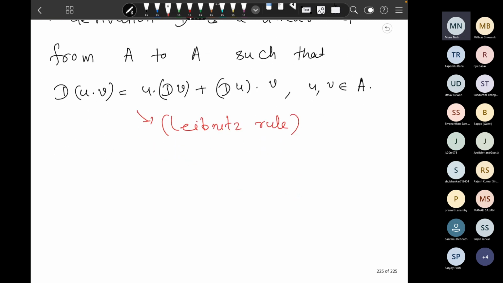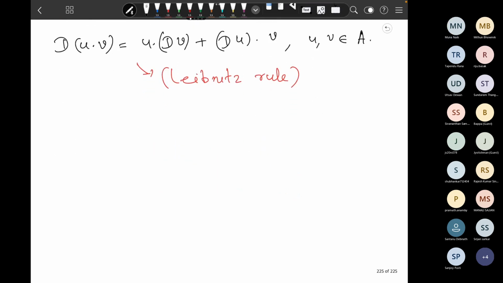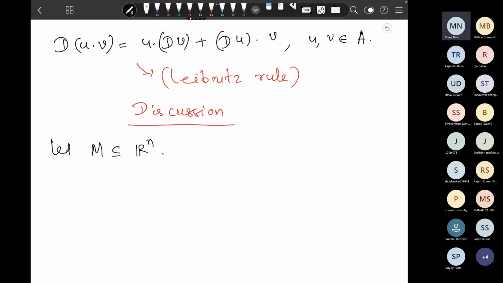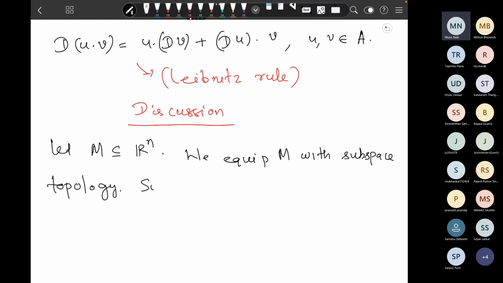Now, discussion. Let M be a subset of R^n, and we equip M with the subspace topology. Suppose M is a smooth manifold.